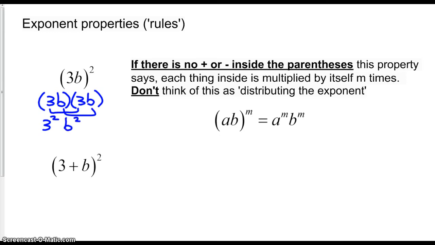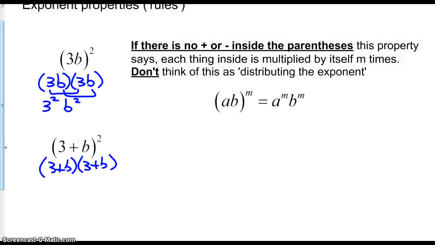But if you had something like 3 plus b squared, that's 3 plus b times another copy of itself, and so you'd have to do the distribution procedure. Everything in here times 3, 9 plus 3b, and then everything in here times that b, plus another 3b plus b squared. And so it would be 9 plus 6b plus b squared. It's not the same as just 3 squared plus b squared.